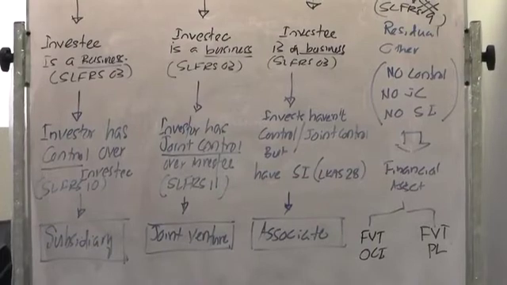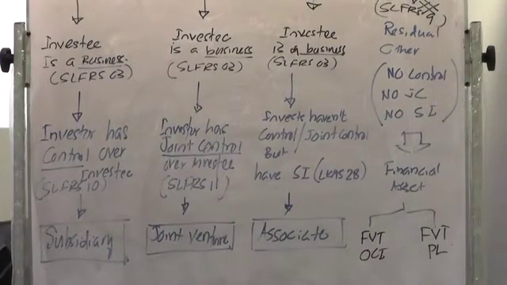This is very important when you are making decisions on consolidation. To consolidate the other company's balance sheet, it should be a subsidiary. If it is a subsidiary, you should have control over the investee individually, and the investee should be a business, right?